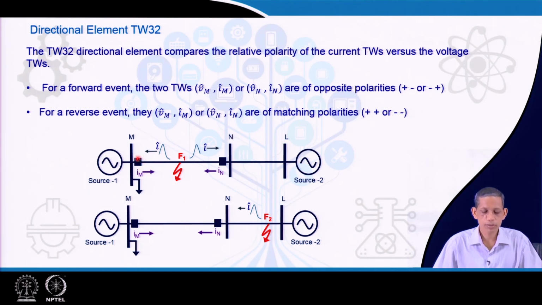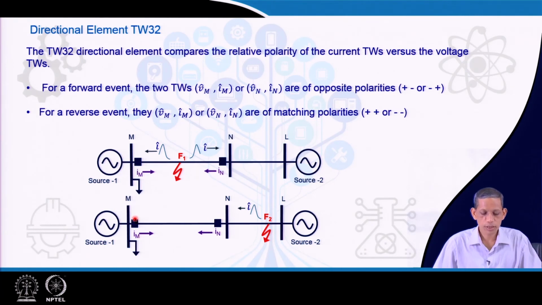So, that is why the positive negative combination here, and similarly voltage here also positive, current negative. So, voltage positive, current negative. For this fault the current goes like this. So, at this point the corresponding current becomes positive, voltage also positive, and at this point current is negative and voltage is positive.